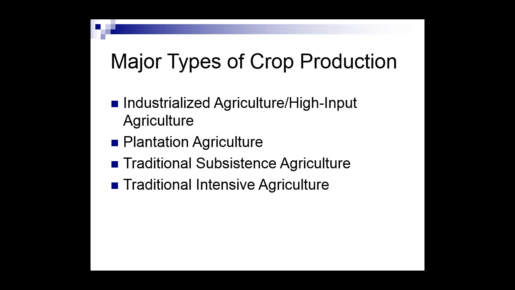Inputs are water, fertilizer, pesticides, and other chemicals to help keep things growing the way we want them to and to have really high productivity. All right. Plantation agriculture we'll talk about. Traditional subsistence agriculture and traditional intensive agriculture.